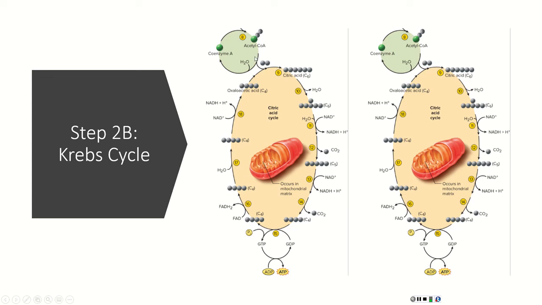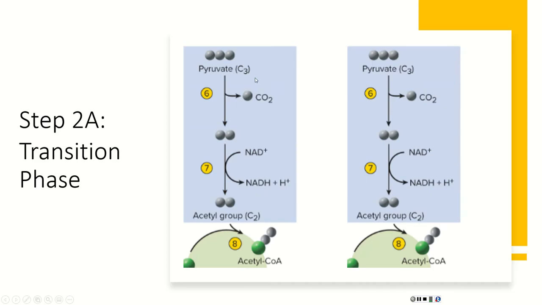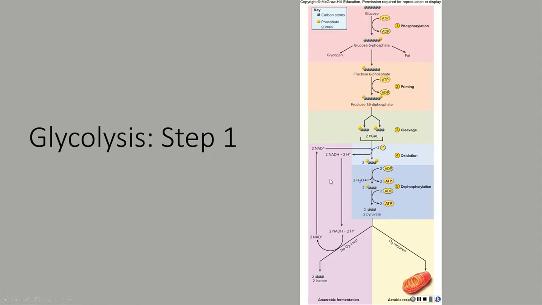The only thing that can still occur is glycolysis. Glycolysis can still occur in the absence of oxygen. But the prep phase, the Krebs cycle, and the electron transport chain all stop. And that's because NADH and FADH2 become full.